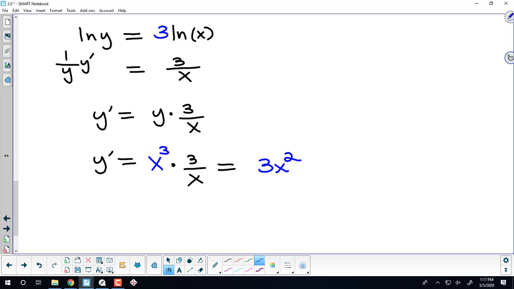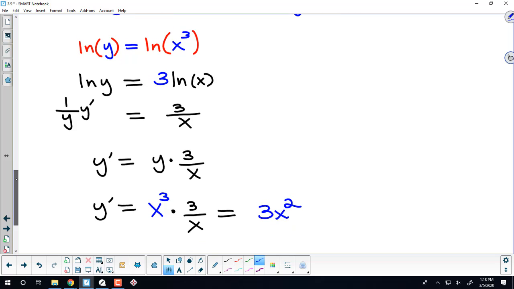The y prime over y is always present when you do logarithmic differentiation. Every time you take the derivative of the natural log of y, which in this process you always will, you will always have y prime over y. Solving for y prime always entails multiplying through by y, and then substituting our original function back in for y.